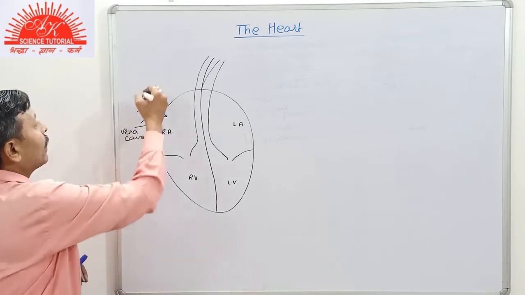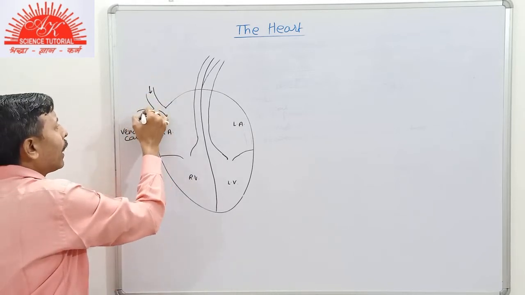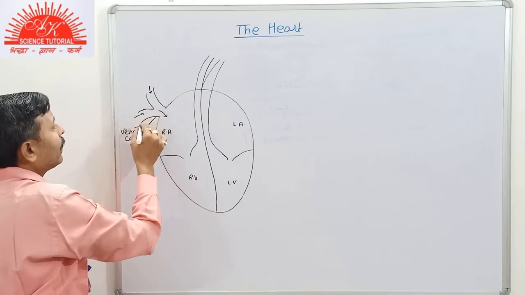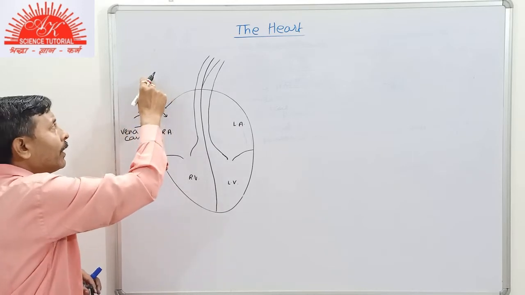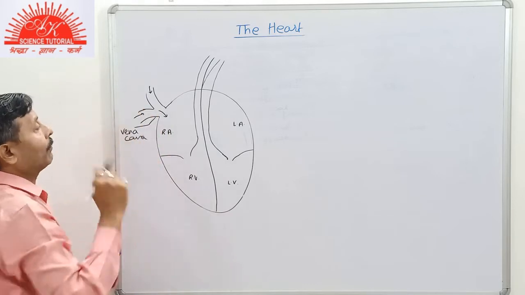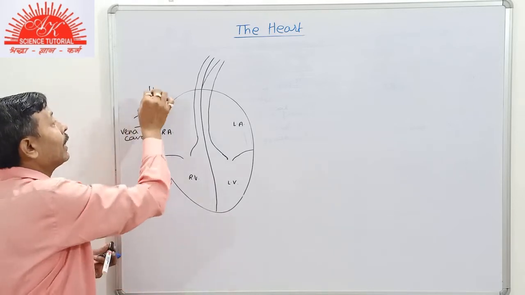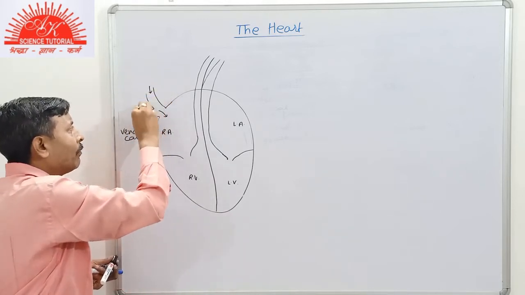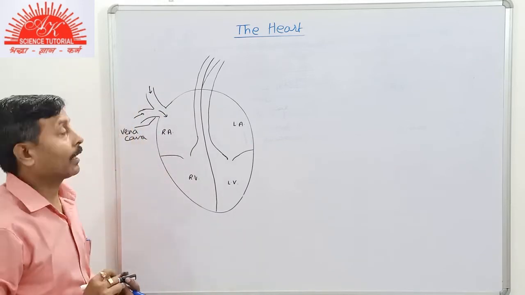It is composed of two branches opening together, the superior vena cava and the inferior vena cava. Also we say anterior vena cava and posterior vena cava.